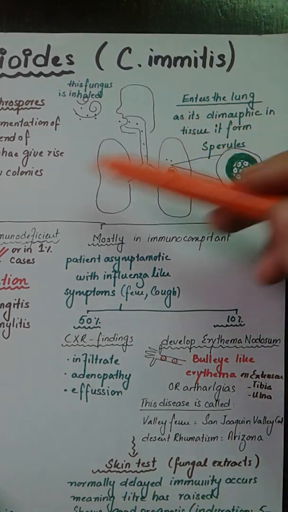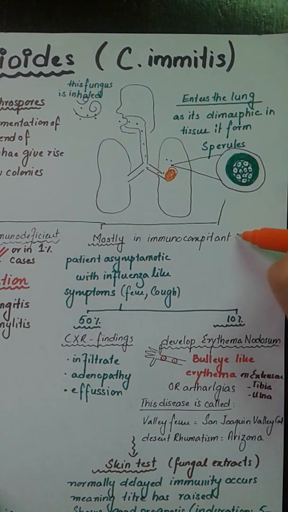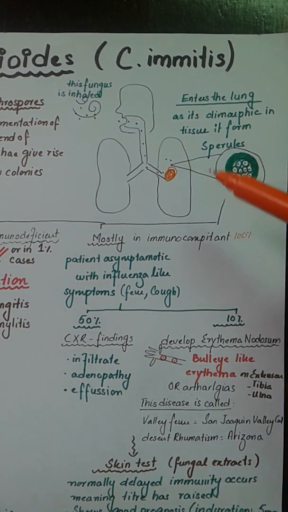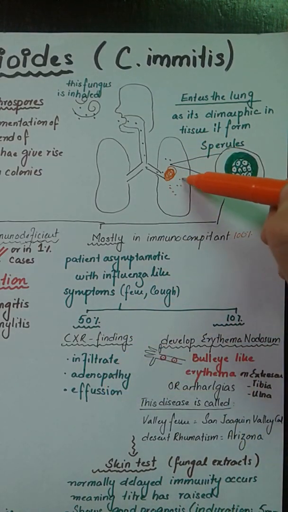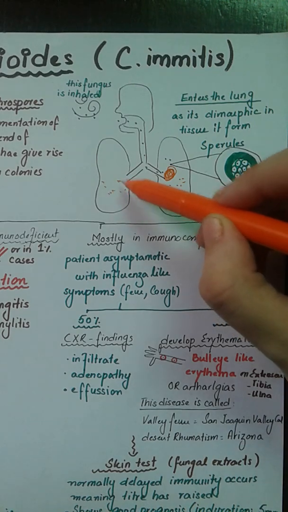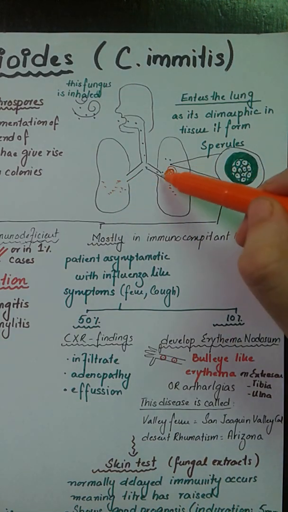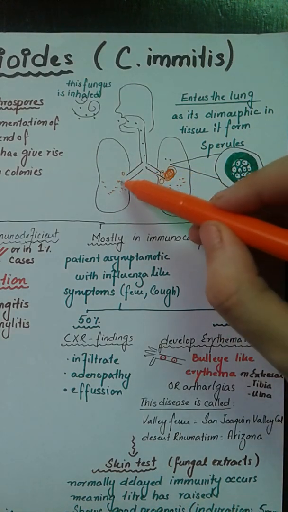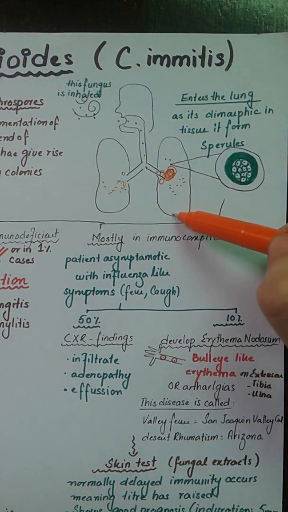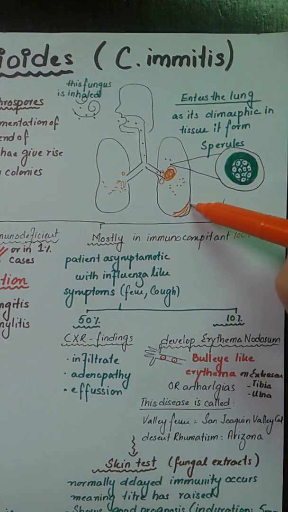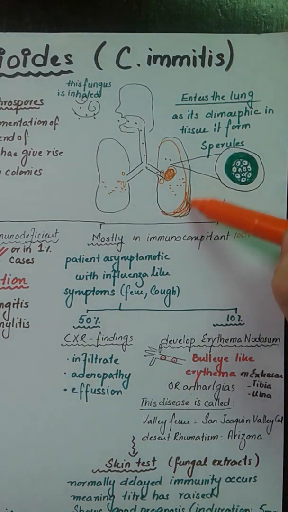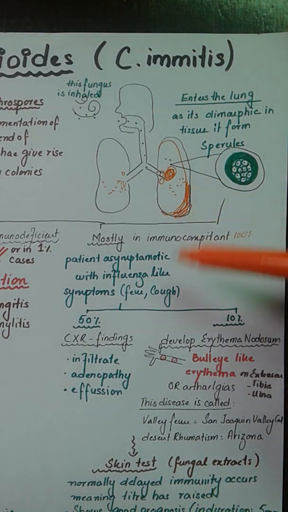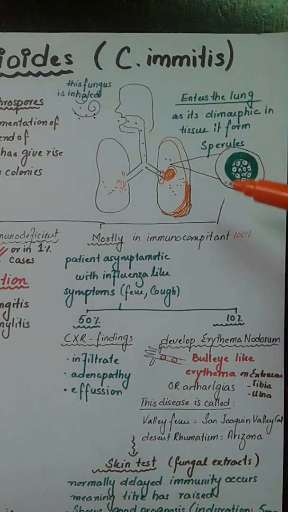And if we have 100 patients, approximately 50 of them have a specific chest finding, meaning that they have infiltrates seen bilaterally, or they can have adenopathy, which is enlargement of the lymph nodes, and they can also have in some cases effusion around the lung space, where fluid accumulates outside of this space. This is known as a pleural effusion.